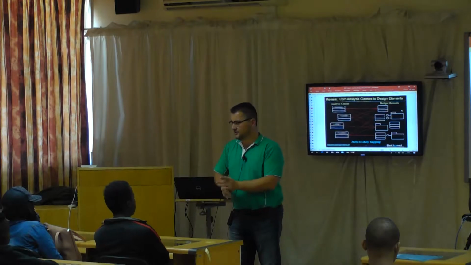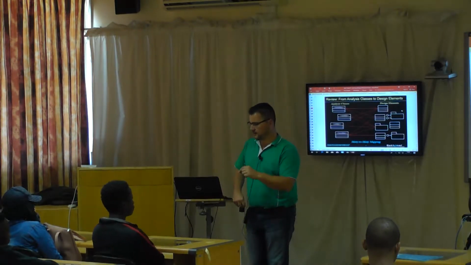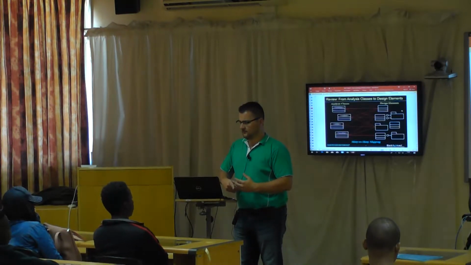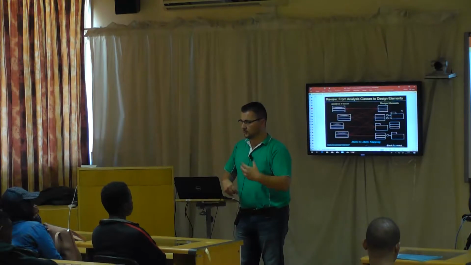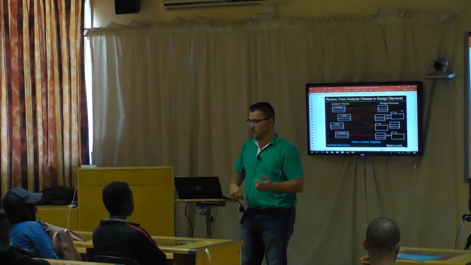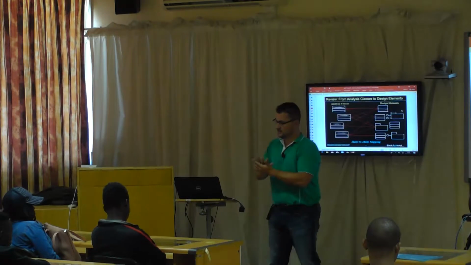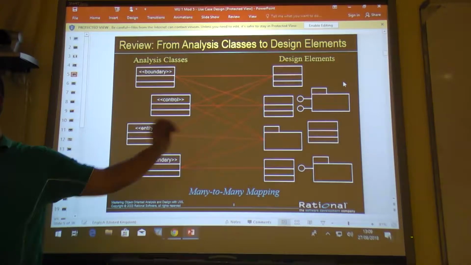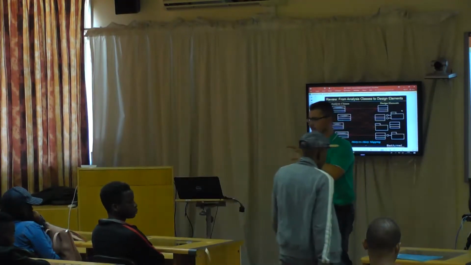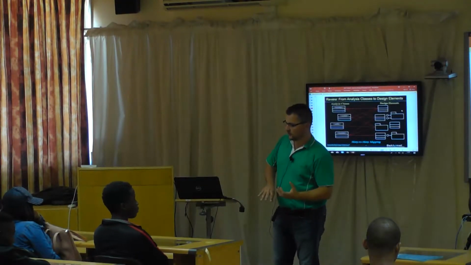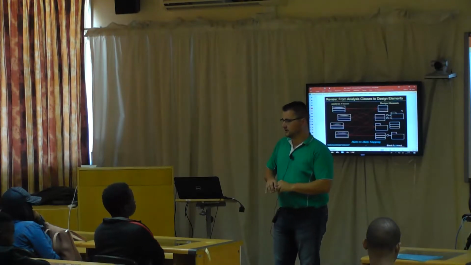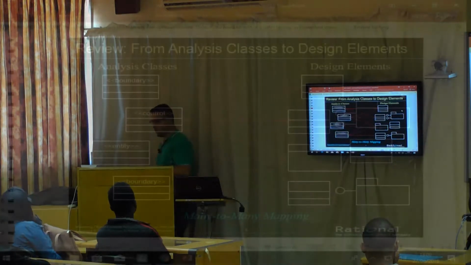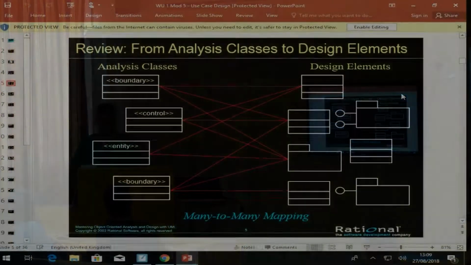It was nice and easy to say that we have one boundary class per actor-use case pair. But is that always going to be the same? Can he actually use multiple buttons to start a system? Multiple user interfaces? Yes. That is where we're starting to say that for our boundary class, we might have multiple classes doing that. Even a control class can be split into multiple portions. The entity class stays a bit more consistent in all of this.